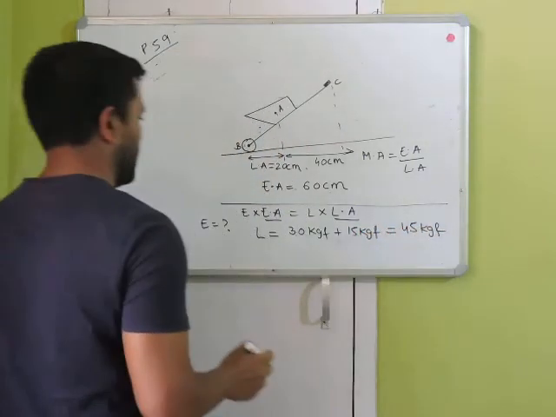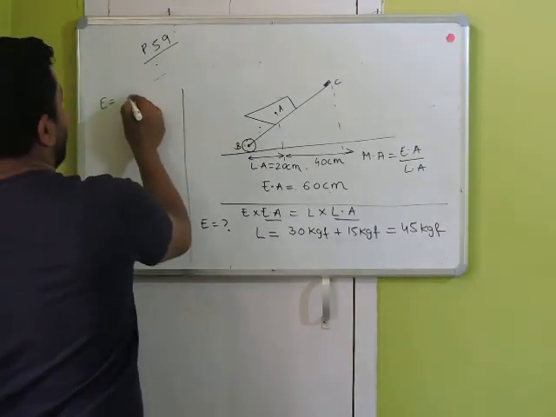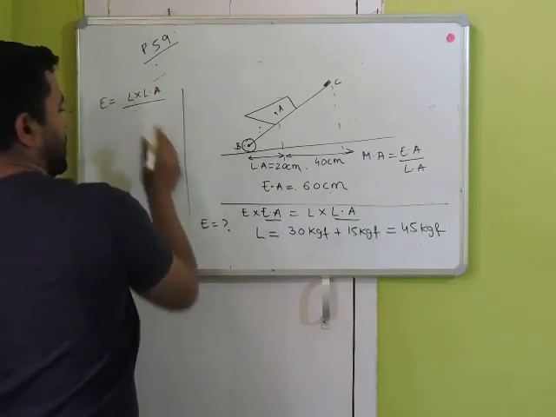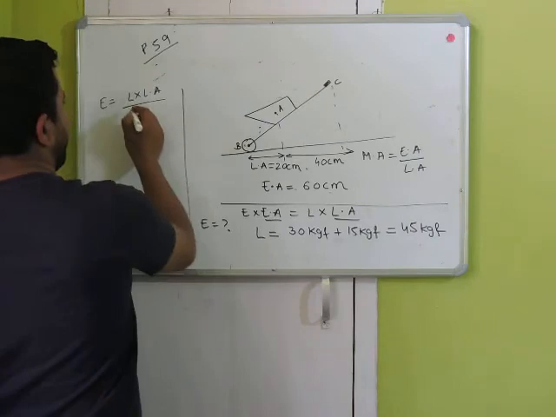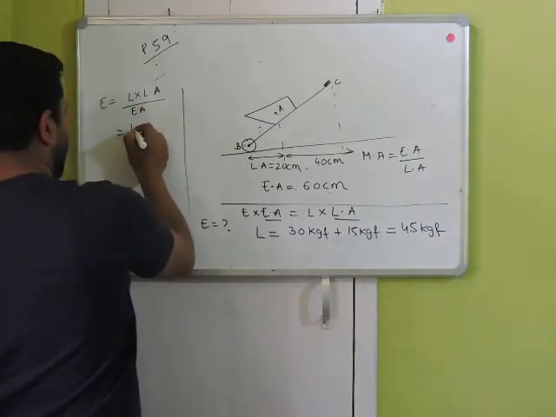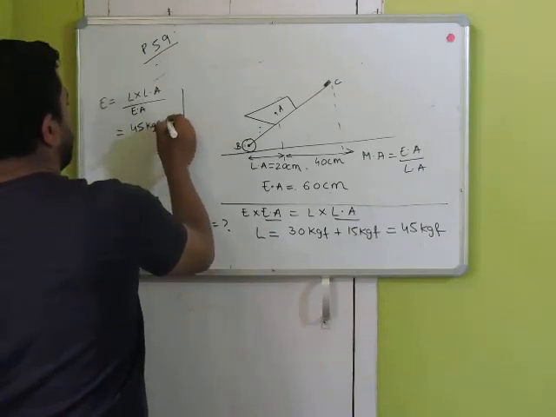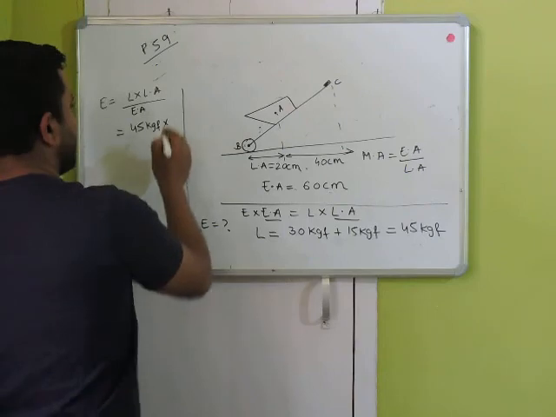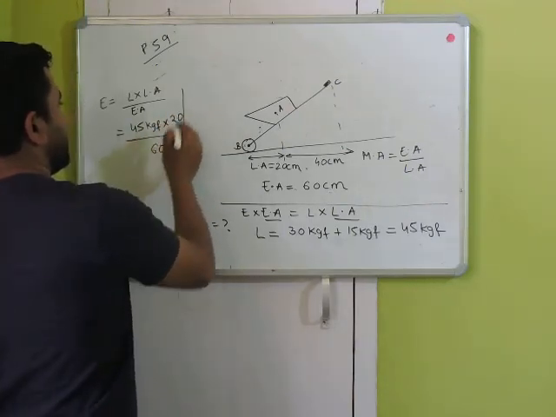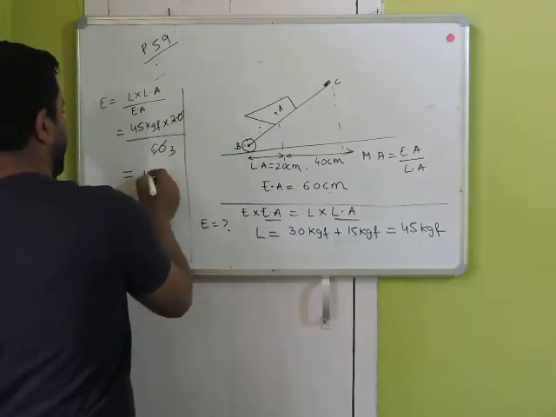So effort will be equal to load into load arm by effort arm. Load is 45 kgf, load arm is 20 and effort arm is 60. So 20 threes are 60, 15.